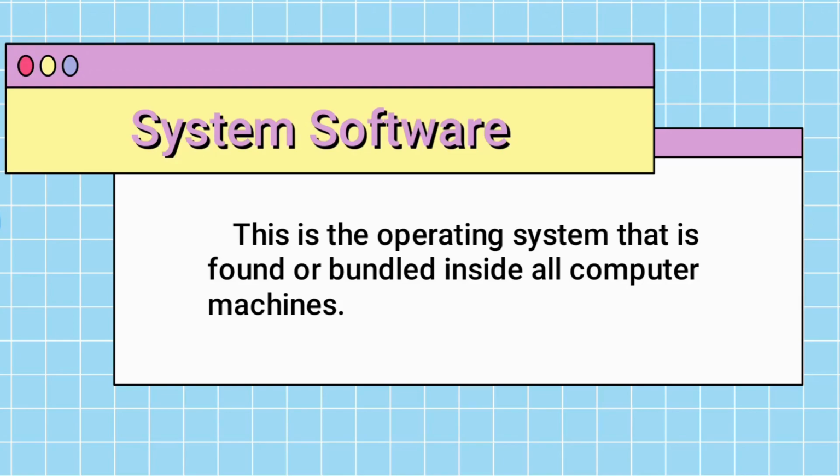For example, when you first turn on the computer, it is the system software that gets initialized and loaded in the memory of the system. That is the reason why system software is very important in managing the entire computer system. To make it clearer, the applications that are already in the computer are the system software. So let's proceed.